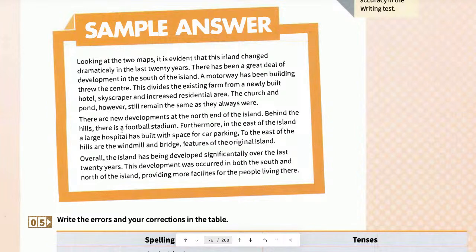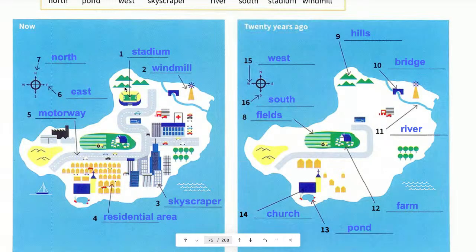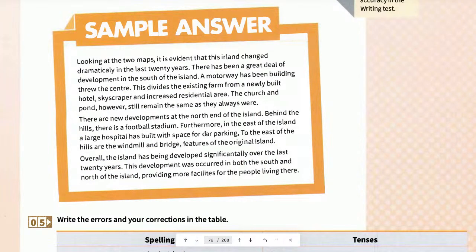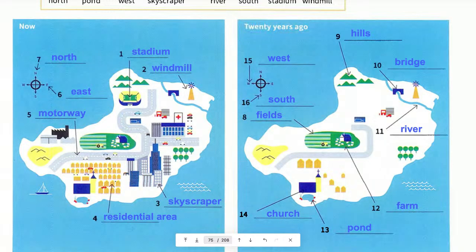So the second paragraph, what is it about? There are new developments at the north end of the island. Behind the hills, there is a football stadium. Yes, I can see behind the hills, there's a football stadium right there. What else? Furthermore, in the east of the island, a large hospital has been built with space for car parking, right? The east hospital.